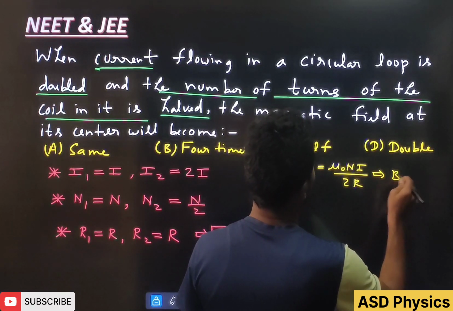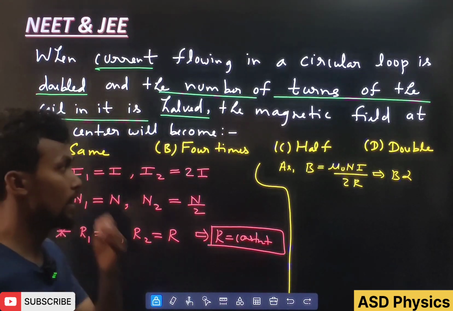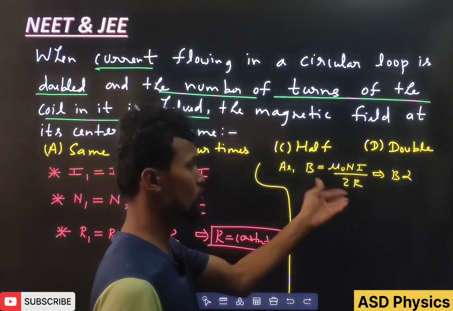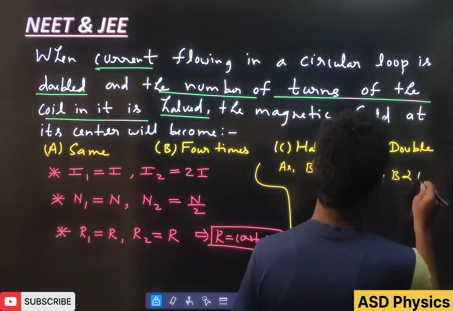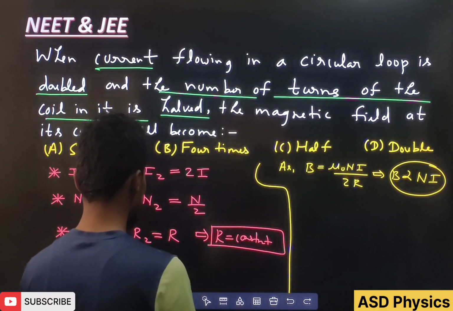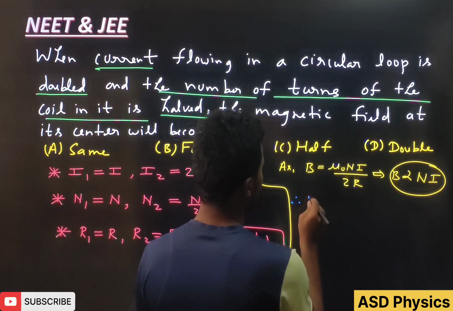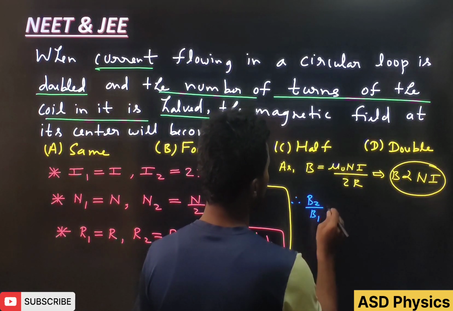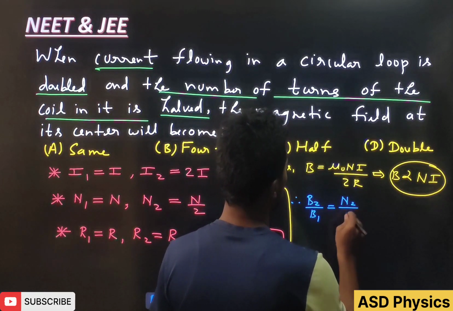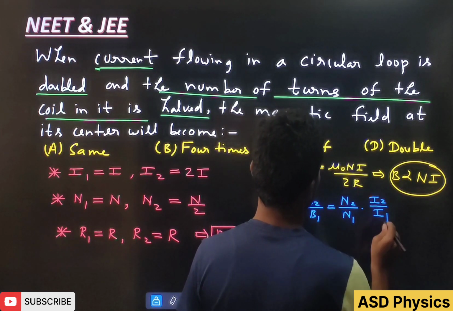What are the things that are constant? Mu naught is constant, R is constant, and 2 is also constant. So we can write B is directly proportional to Ni. B directly proportional to what here, students? Ni. That means I can write B2 by B1 is equal to N2 by N1 into I2 by I1.